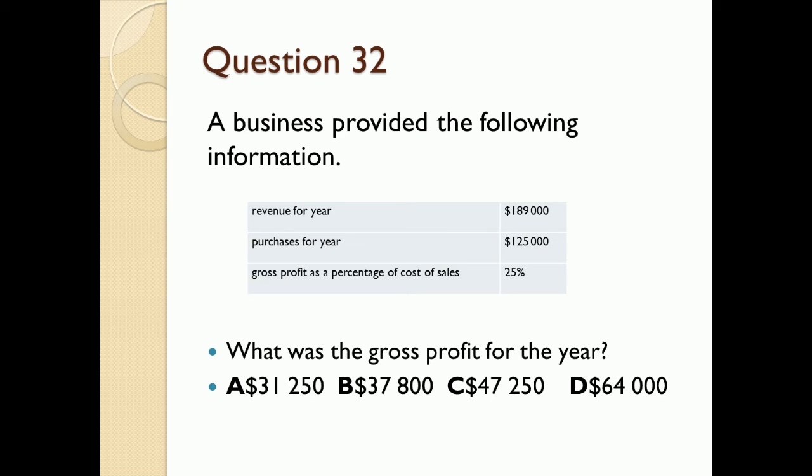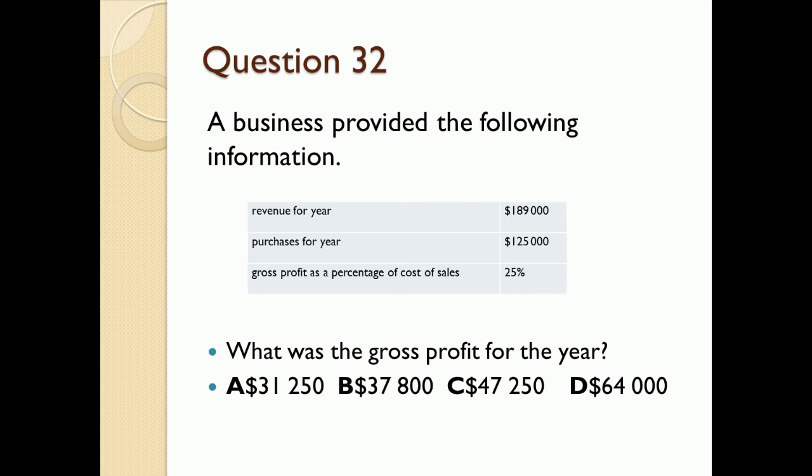So 189,000 is equal to 125% of cost of sales. So if we divide 189 by 125%, then we will arrive at cost of sales.